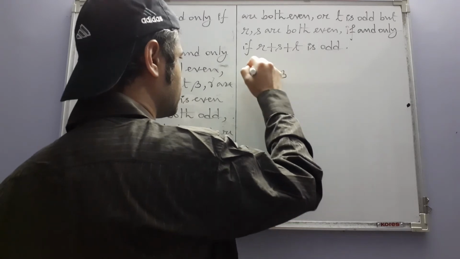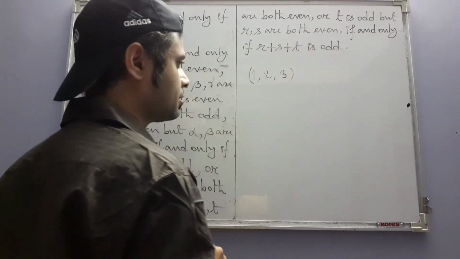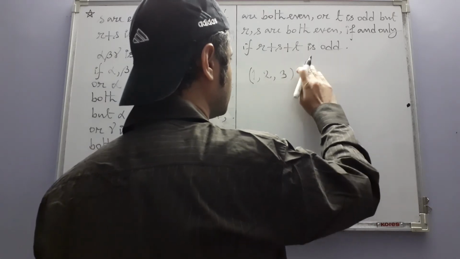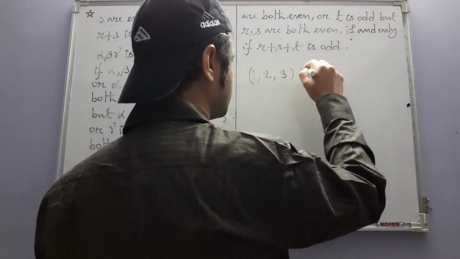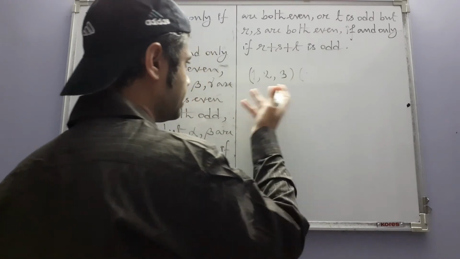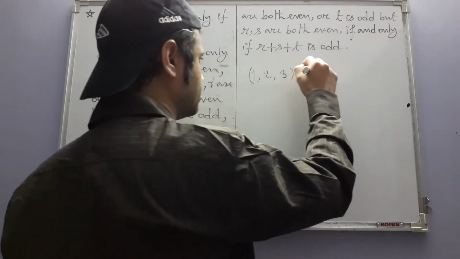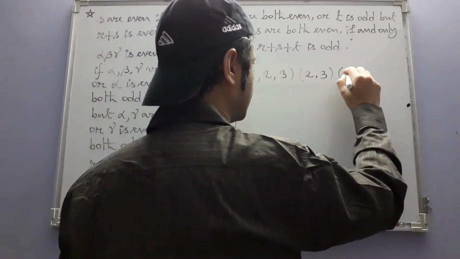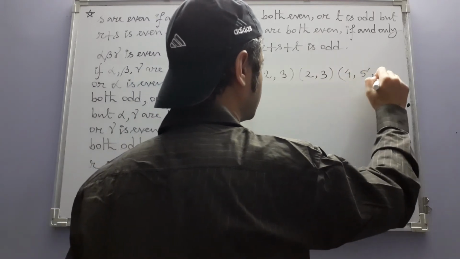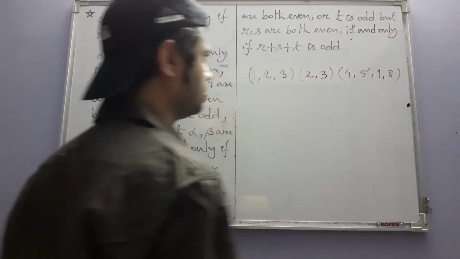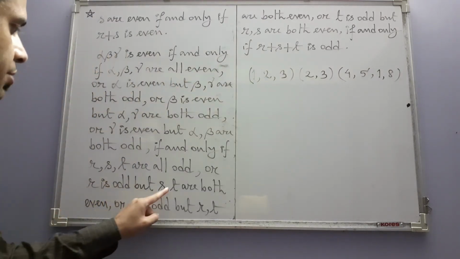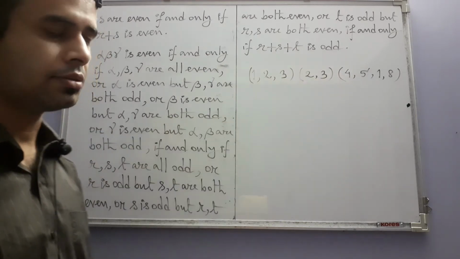Let's just take this to be a 3 cycle. It's not necessary that we have to take disjoint cycles. This is even, and say 4, 5, 1, 8. Odd, even, even, odd, even, even.